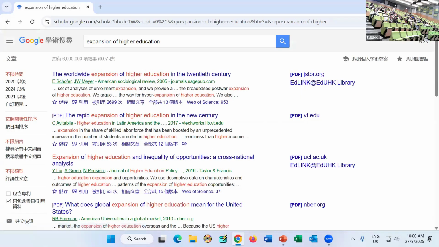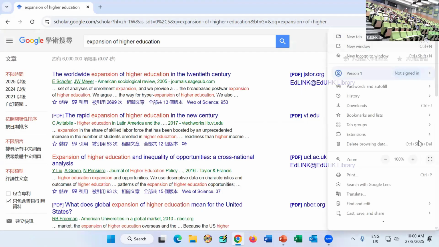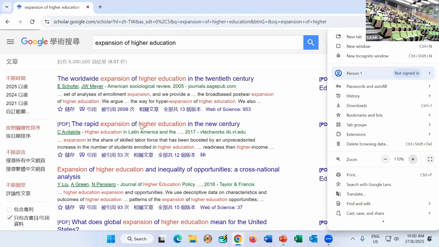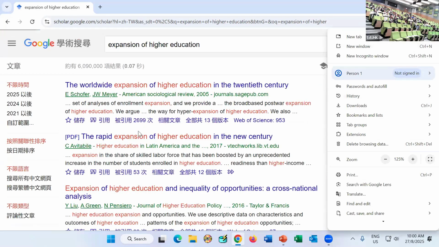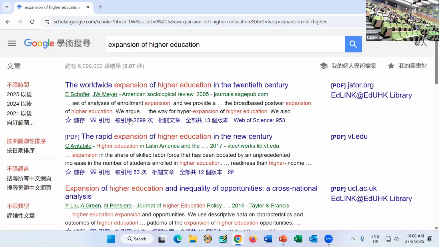Then one thing that you can check is the number of citations. So enlarge that. Can you see that, this part? This is in Chinese. And if I put it in English, they would use the word cited. How many times is this article being cited? So this is how you know whether this is probably an influential article.